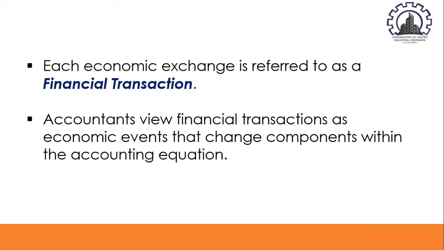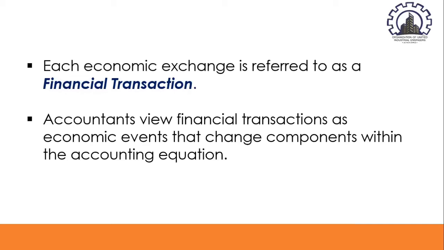And second, accountants view financial transactions as economic events that change components within the accounting equation. These changes are usually triggered by information contained in source documents, such as sales invoices and bills from creditors, that can be verified for accuracy.